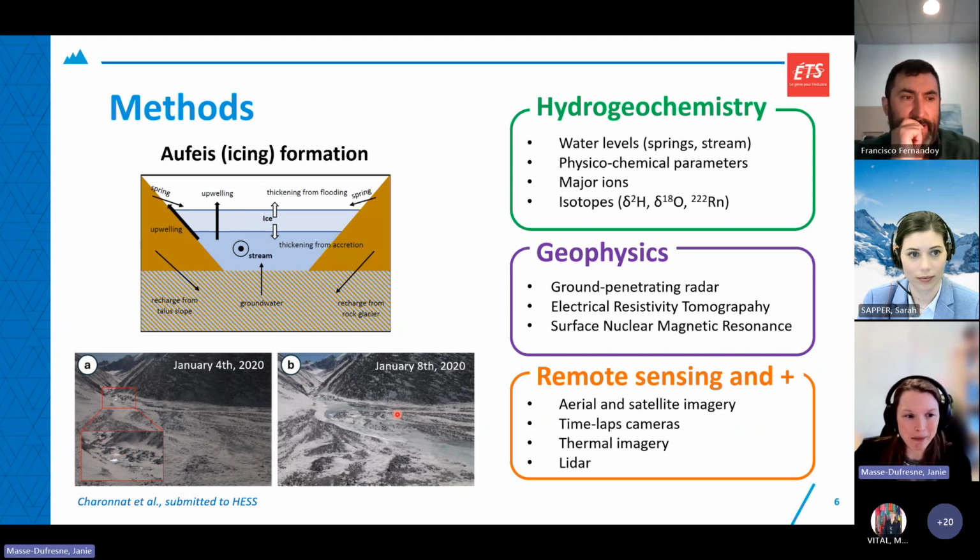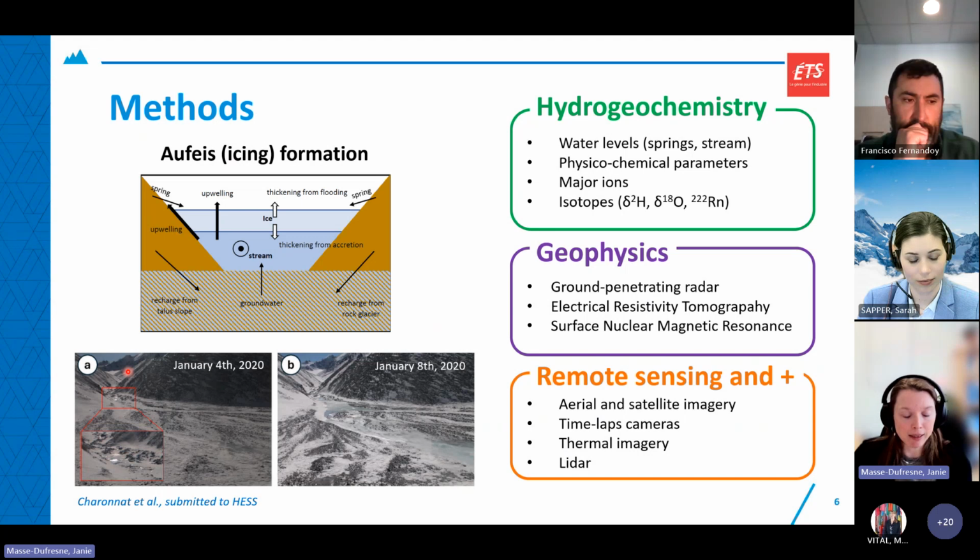I've been talking about icing, but what is it actually? It has two different names here, icing or aufeis. It's actually a formation of ice during wintertime. During wintertime, there is no or very little glacier melt or water coming from glacierized catchments, but some groundwater can flow in the area.